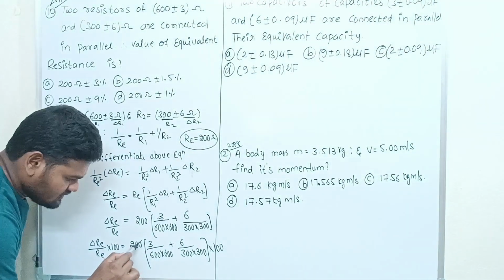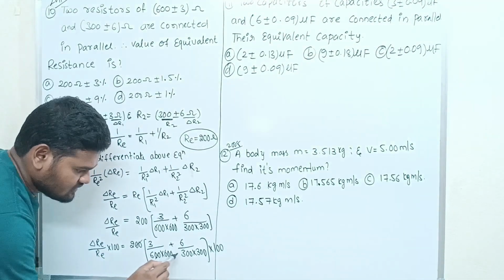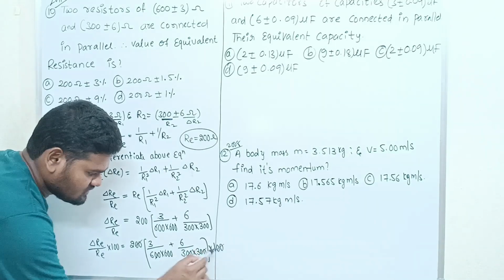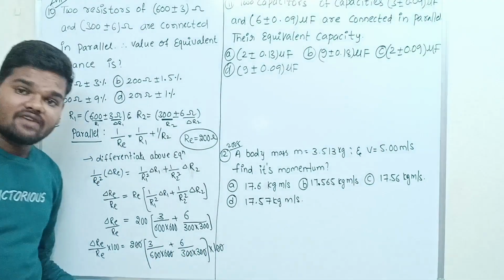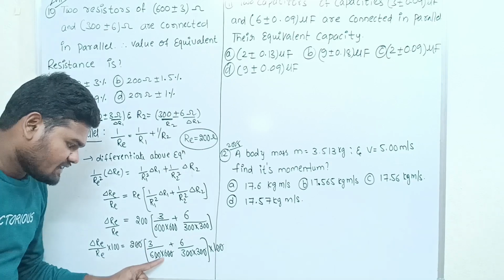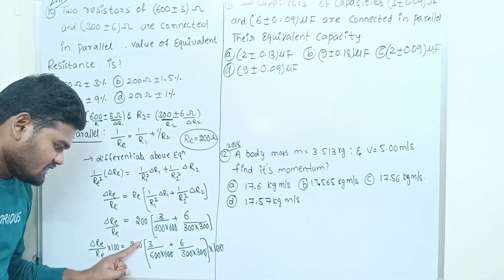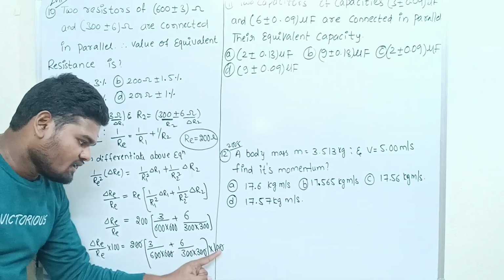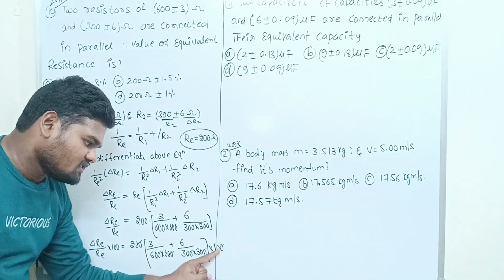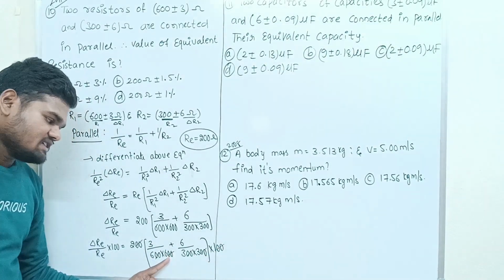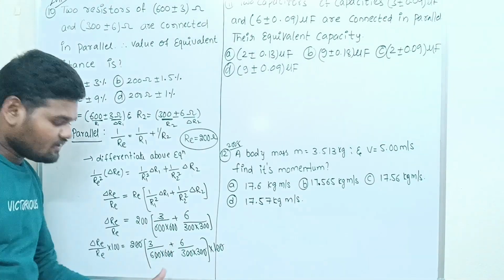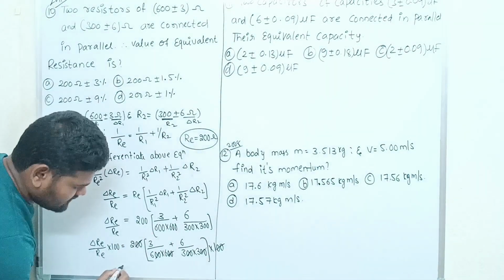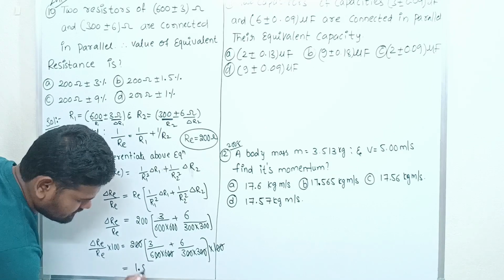Have a look, two zeros cancel out. Why? In 200 there are two zeros, in 600 two zeros, and in 100 two zeros, so they get cancelled out. Solve this equation and you will get 1.5.